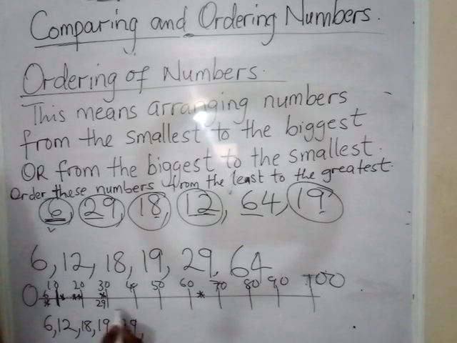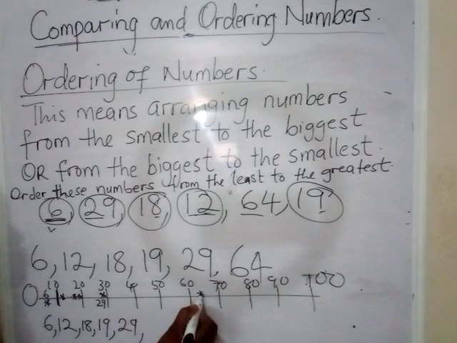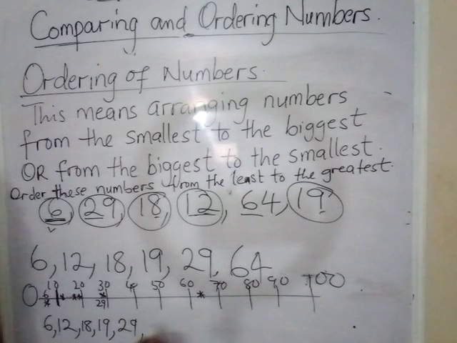And then you move on, you get to somewhere between 60 and 70. You have your 64. And that is the largest, followed by 29, by 19, 18, 12, and 6. And when you are starting from the least, you have 6, followed by 12, followed by 18, 19, 29. And lastly, you have 64.